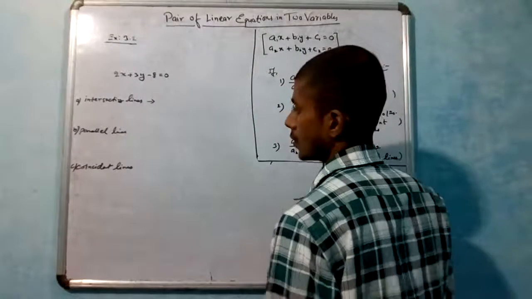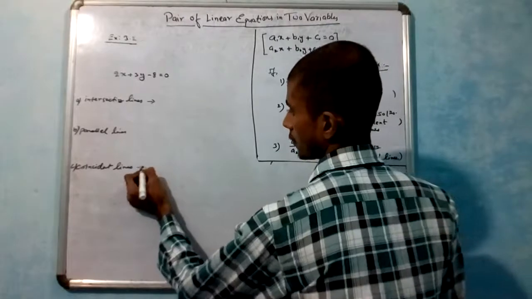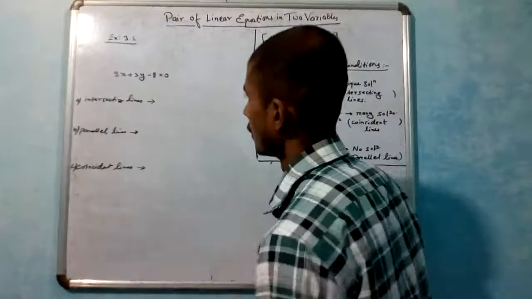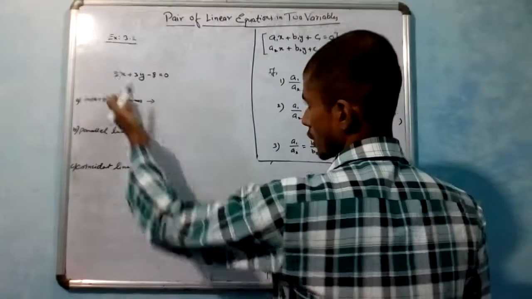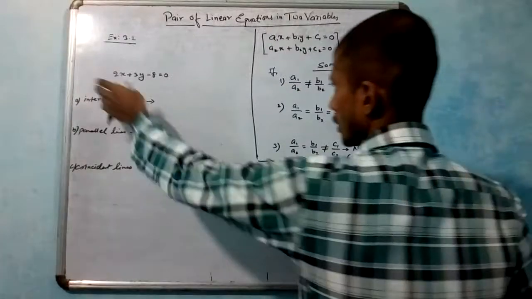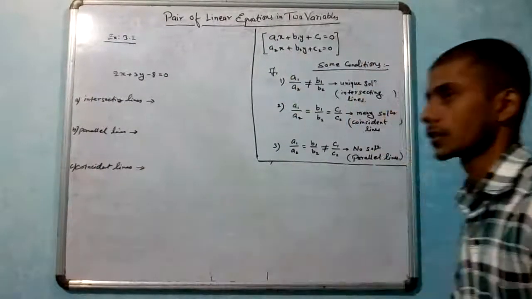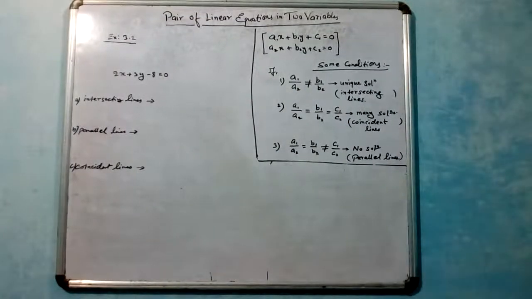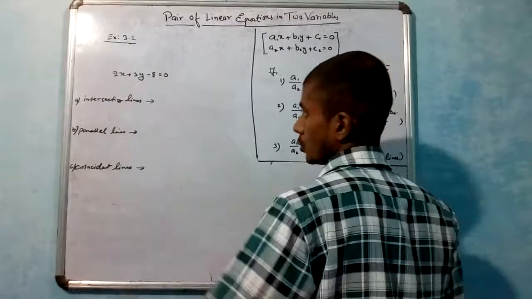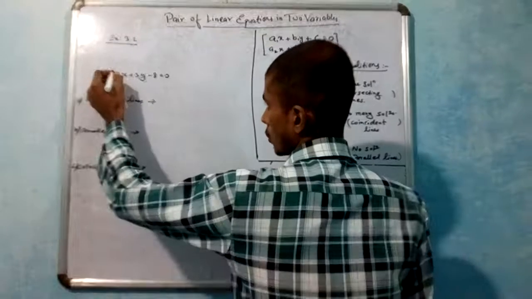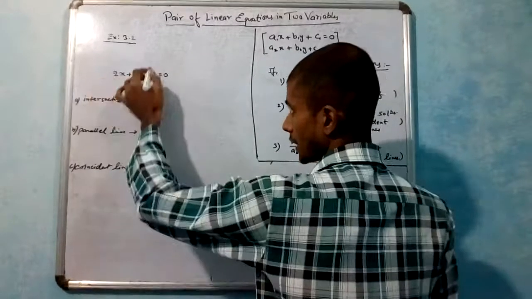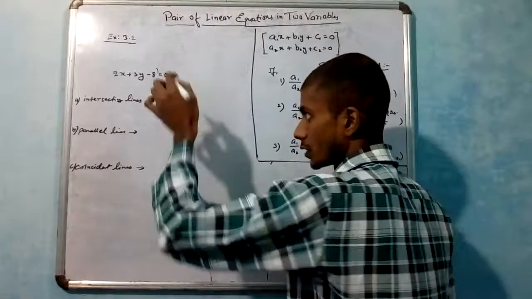For coincident lines, you can put the same equation and just multiply it with some constant, 2 or 3, or -1, anything. Let us multiply with 2. Multiplying an equation with a constant means multiplying the complete LHS and complete RHS with the same constant, only then it will not change the equation.